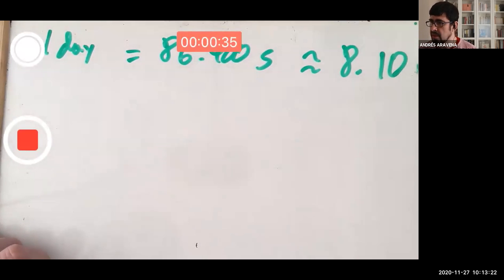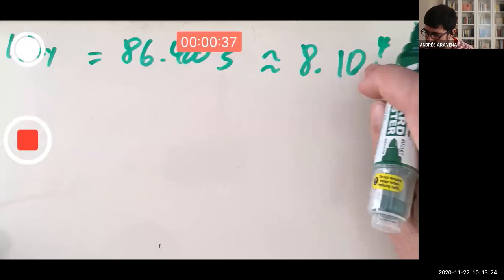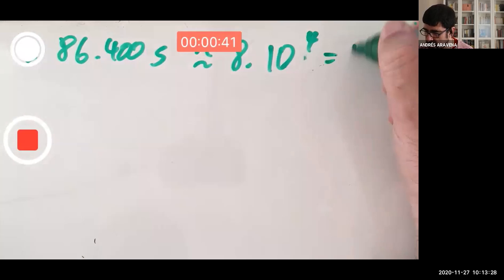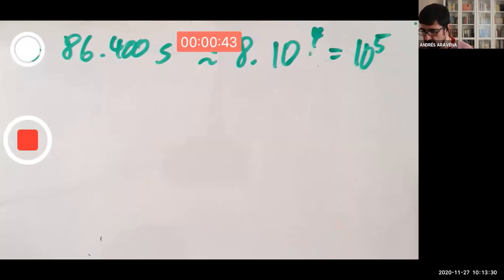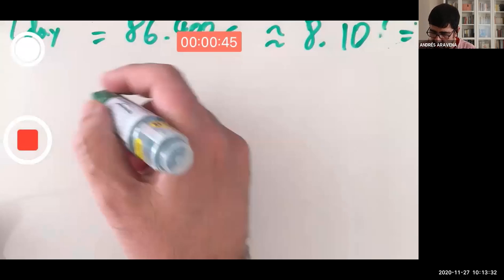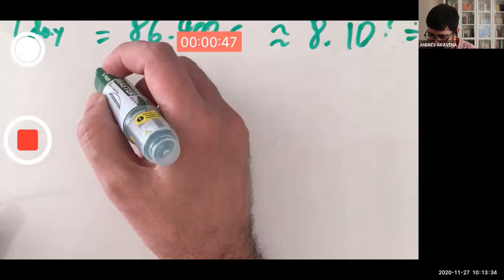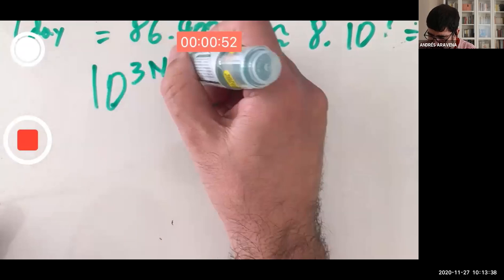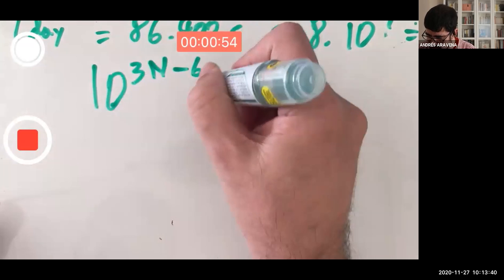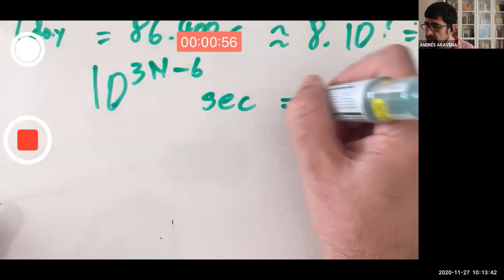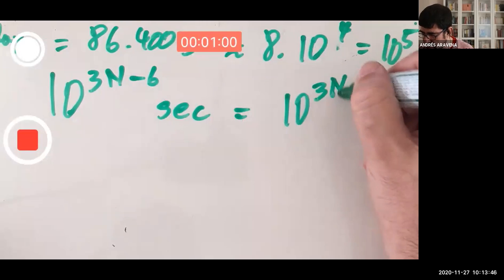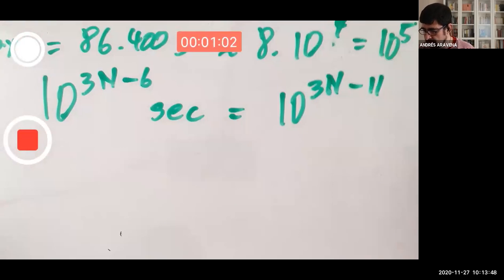Which, if you are a little more open-minded, is 10 to the power of 5, just to simplify the computing. Therefore, when we say that we have 10 to the 3n minus 6 seconds, it is the same as saying 10 to the power of 3n minus 11 days.